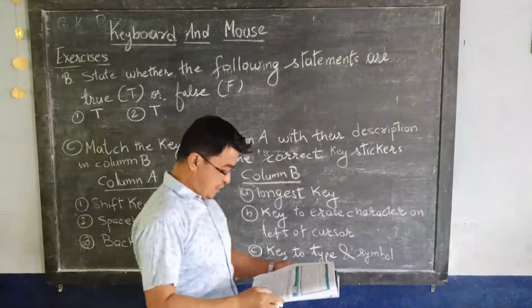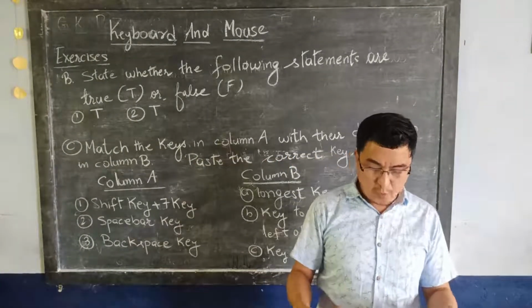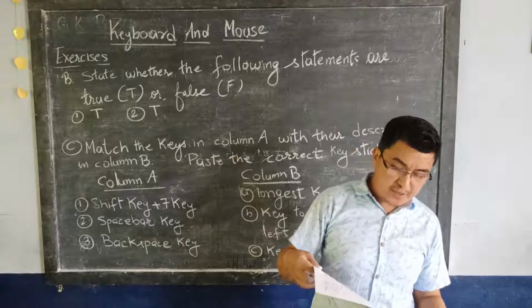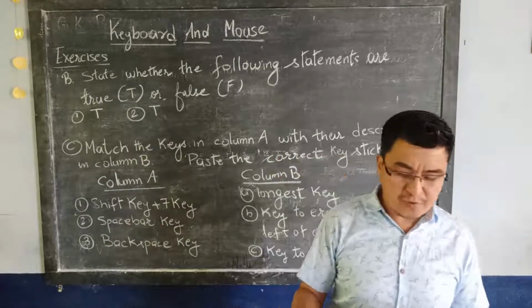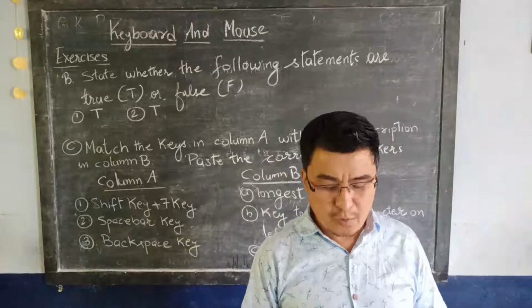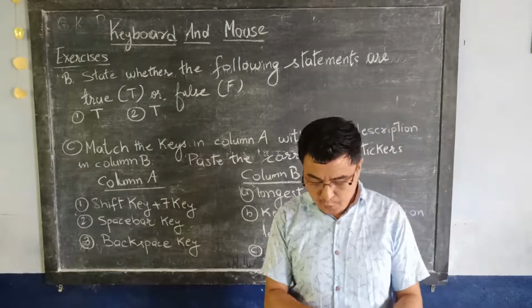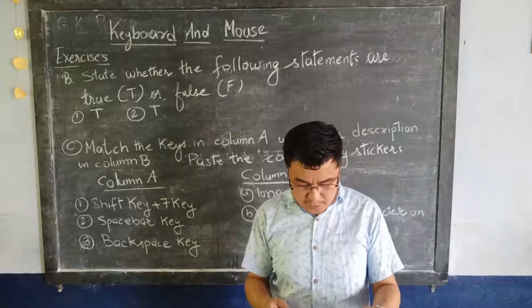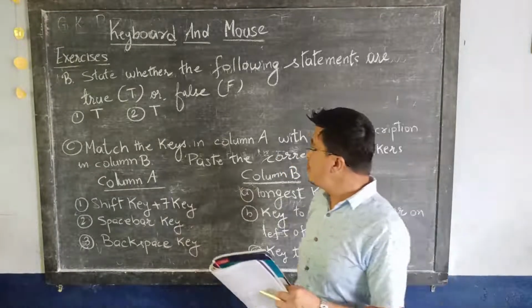Now number 3. There are 3 shift keys on a standard keyboard. Now if you look at page number 51, there are 2 shift keys on a standard QWERTY keyboard. It is mentioned there on page number 51. Therefore, the statement is false.